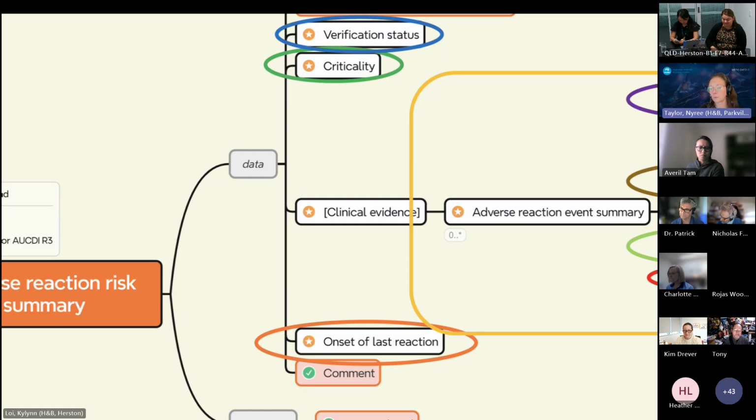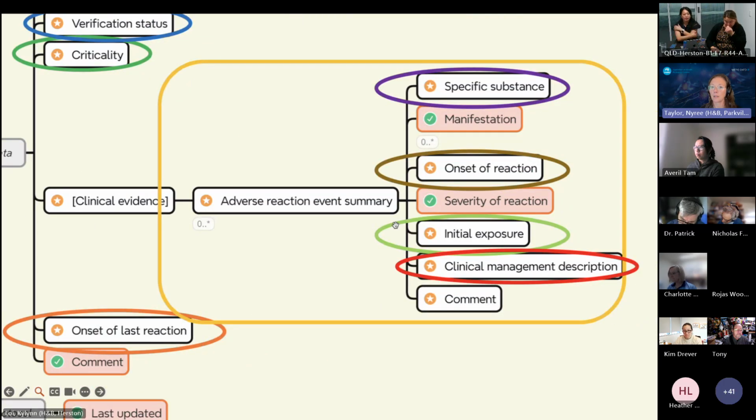That little cardinality indication is a technical term that we use to say, yes, you can record this over and over again because each adverse reaction event will be different and they might have different details that we need to record in it. So we can repeat that over again, but it's nested within the same parent group.